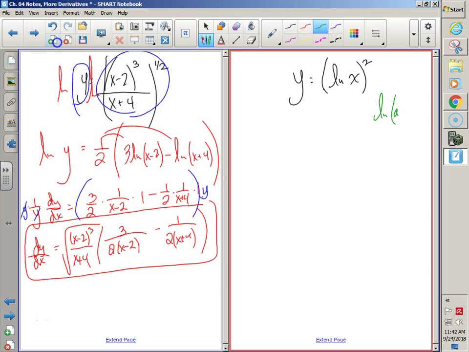Ln of a to the b. Even though you don't always see the parentheses, the power has to be in the argument alone in order to move in front. This one was the only way to derive that one. Chain rule would say.